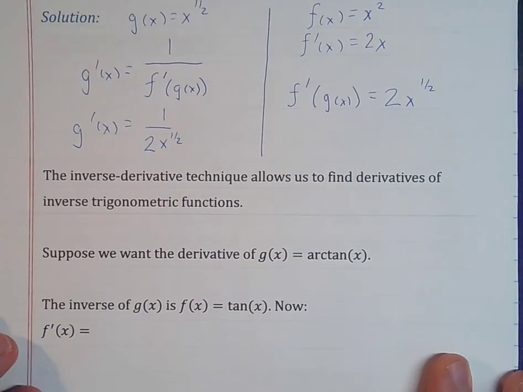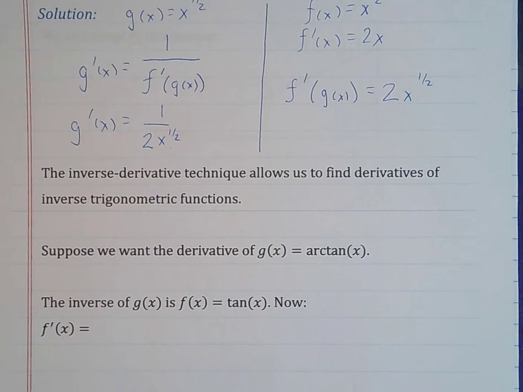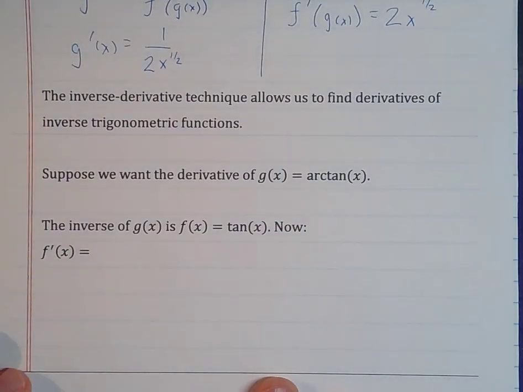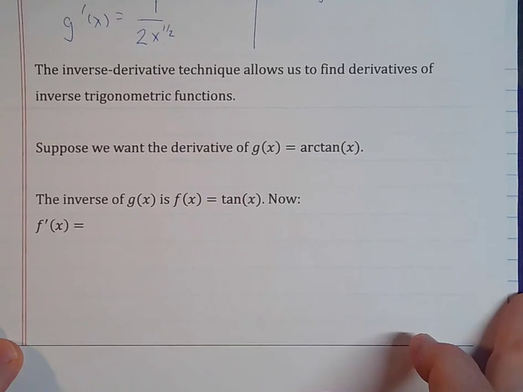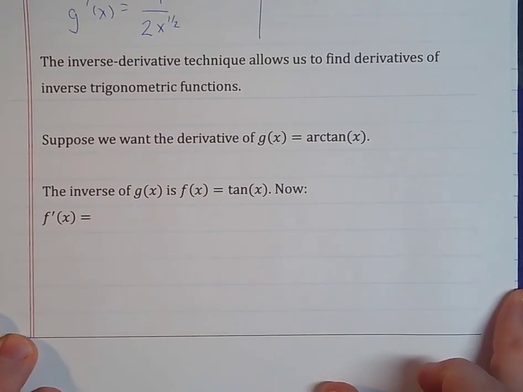And one of the ways in which this is actually used is when we go into some of these more complicated functions, inverse functions, such as the inverse trig functions. So what I want to do here is just go into an example. I want to find the derivative of g of x equals arctangent of x.